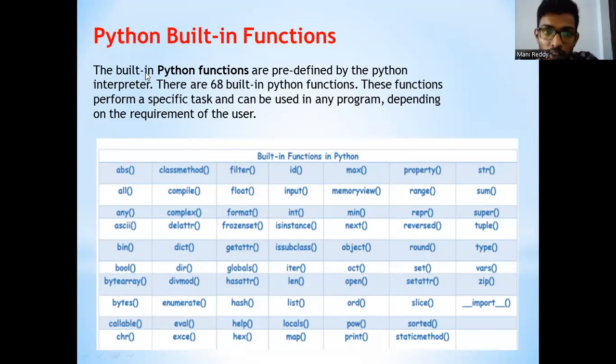68 are there. These functions perform a specific task and can be used in any program depending on the requirement of the user. For example, if I give a list of numbers like 1, 2, 3, 4 and I want to know the maximum number in the list, here we will use max of 1, 2, 3, 4.